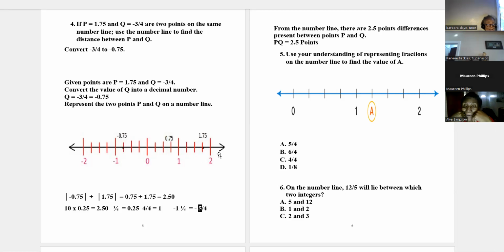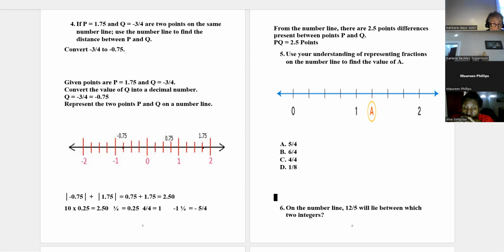All right. Here's where you can test it out. Use your understanding of representative fractions on the number line to find the value of A. You see A right here, right? Okay, Alva, what would you say, A, B, C, or D? What would be your answer?